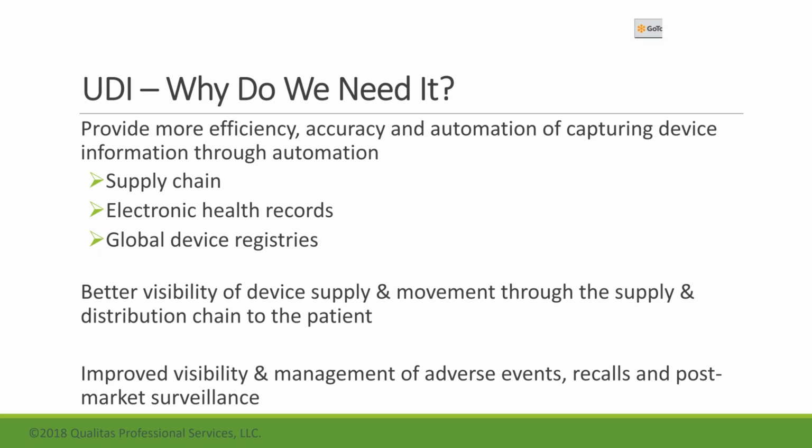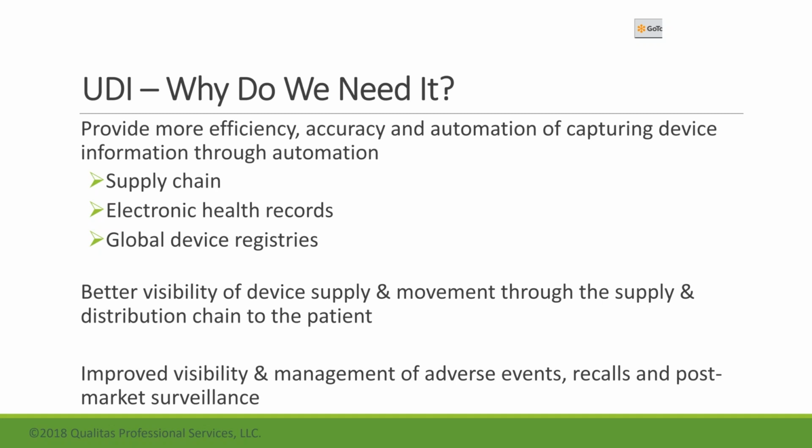It provides a more efficient, accurate, and automated method of capturing your device information, and that information then is used in supply chain. It's used in your patient electronic health records, and we're going to see this starting to appear in global device registries. The use of unique device identification allows better visibility of your device supply and movement.